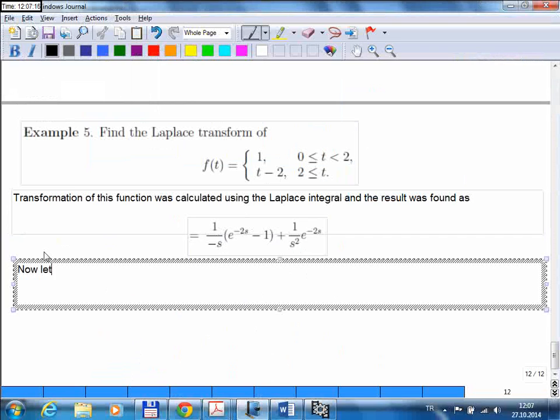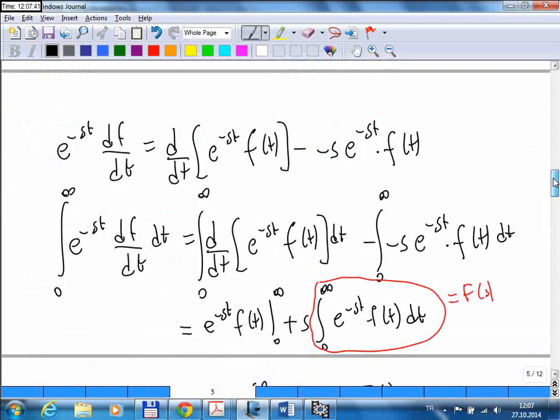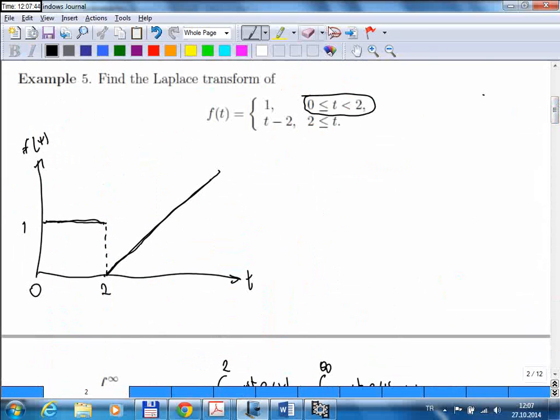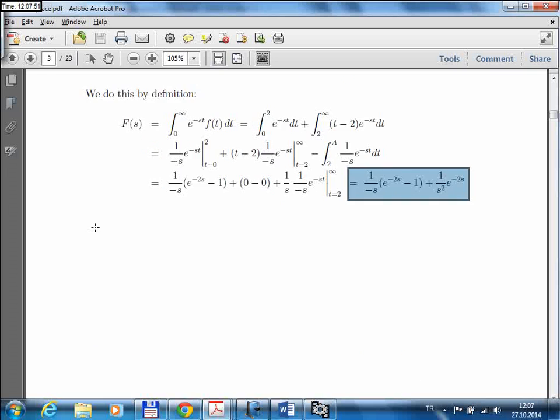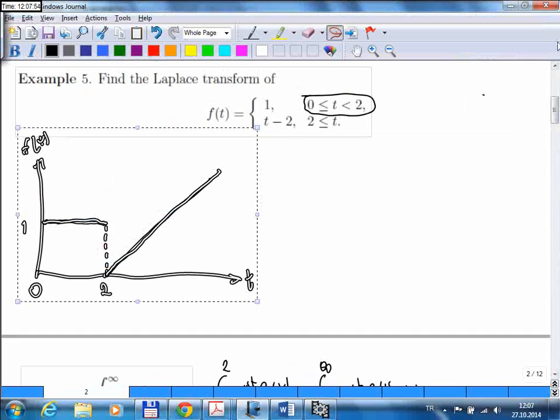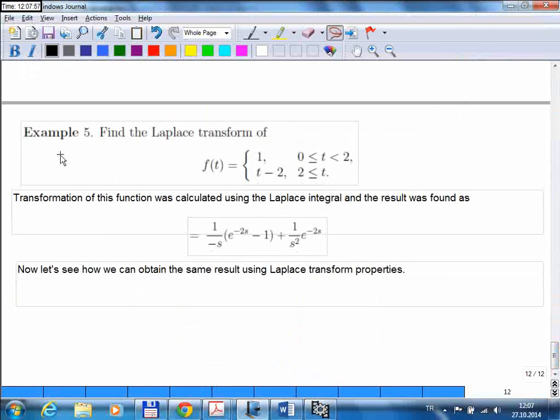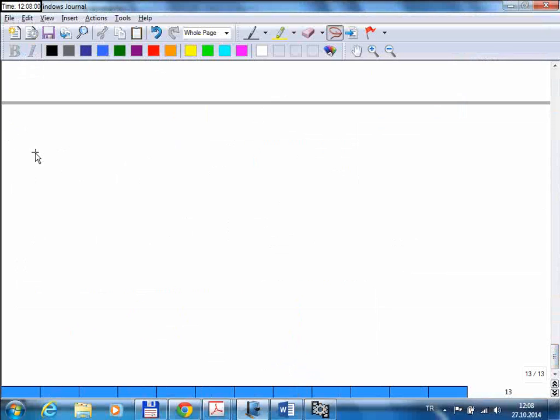Now let's see how we can obtain the same result using Laplace transform properties. Okay, so I'm looking for the transform of this function.